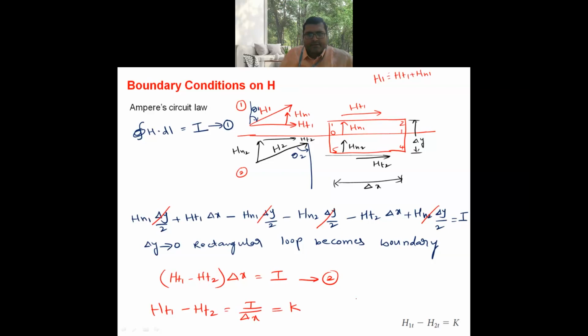It is equal to K. Let it be equation number 3, where K is the current density placed at the boundary. The units of K are ampere per meter.